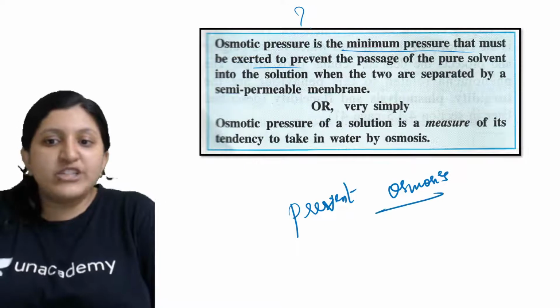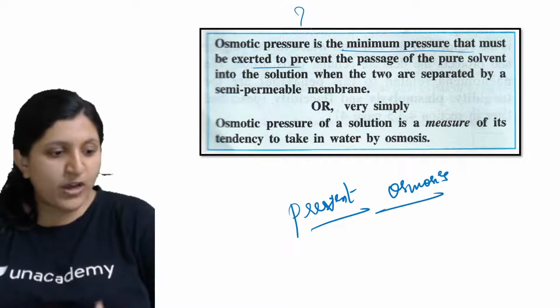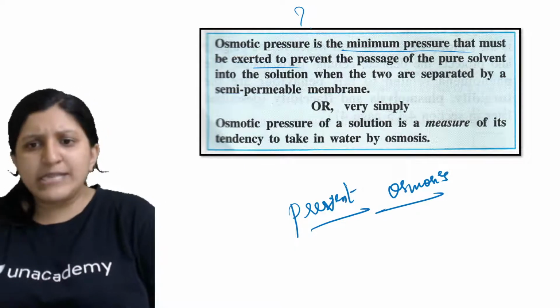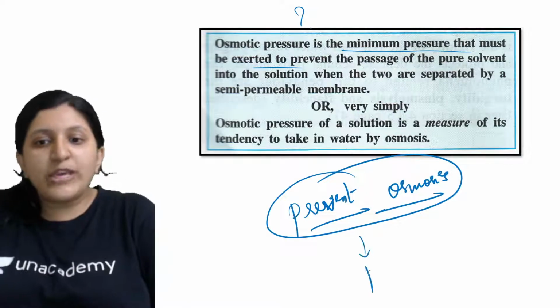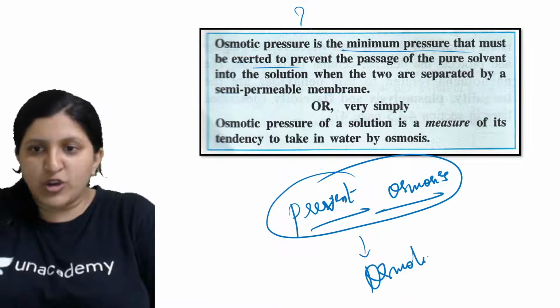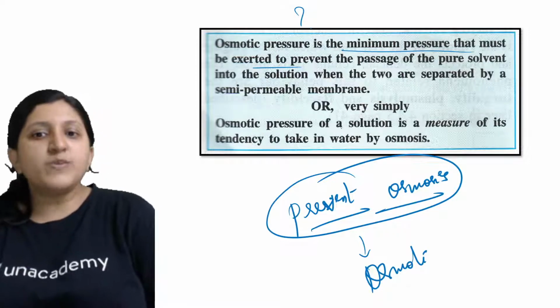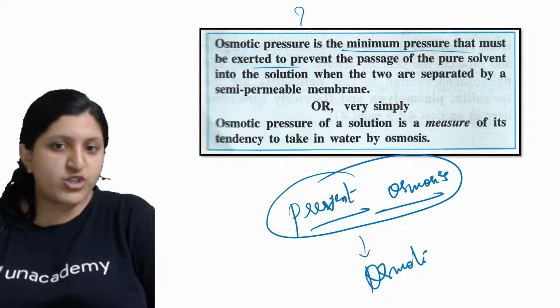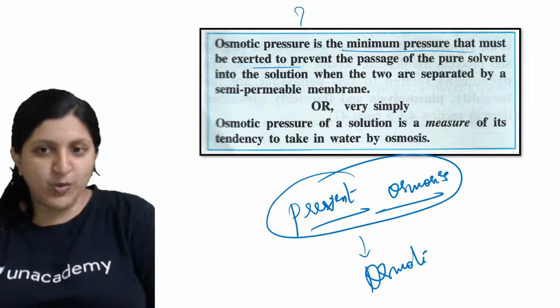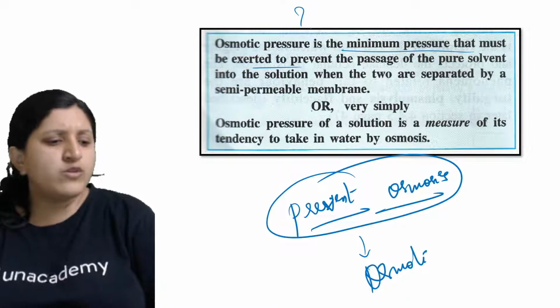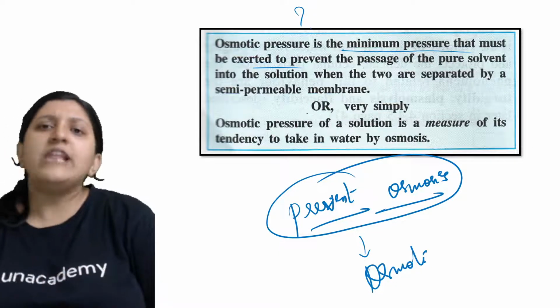There is a pressure exerted by a component of a cell, that can be the cell wall, so it is going to prevent the osmosis, and that we call osmotic pressure. Osmotic pressure of a solution is a measure of its tendency to take in water by osmosis, or we can say it nullifies the osmosis.